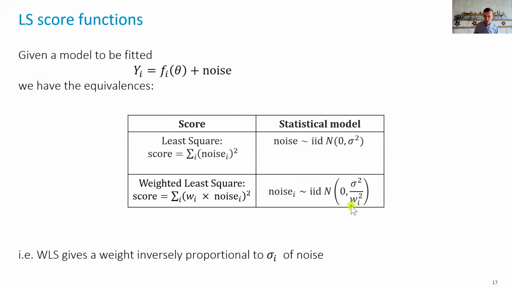So if you put the weight on the denominator at the variance, it is the same as putting it here at the numerator for the score function. So this is called weighted least square. The larger the weight that you give, the smaller the variance is. So you give more weight to data points on which the uncertainty is smaller, which makes sense from a statistical viewpoint. If the uncertainty is believed to be smaller, then you give more weight to them in the fitting problem.